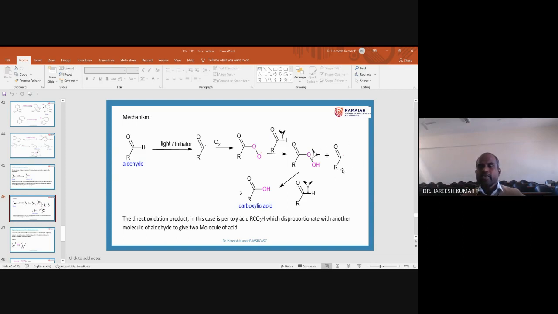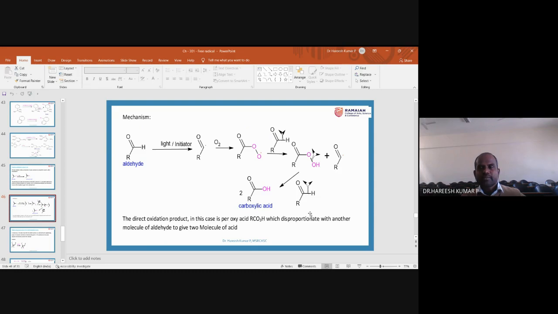At this moment, again, acyl hydrogen peroxide undergoes homolytic cleavage in the presence of one more equivalent of benzaldehyde. Again here, benzaldehyde further undergoes homolytic cleavage between the carbonyl carbon and hydrogen.